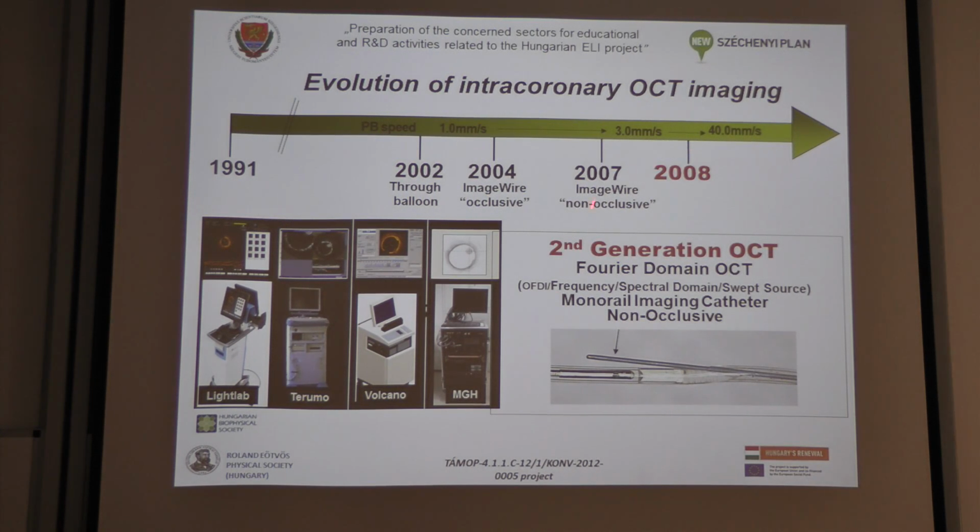But this new generation, maybe at first it was time domain, and then the second generation is the Fourier domain or frequency spectra. As many vendors, as many different names as they call it, but optical frequency domain. But this is really the same basic mechanism of how they work.